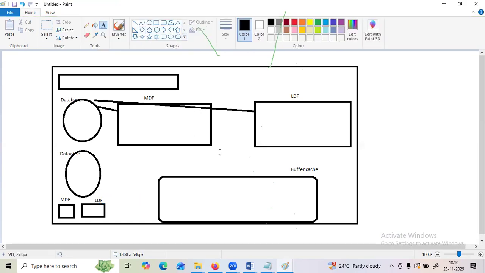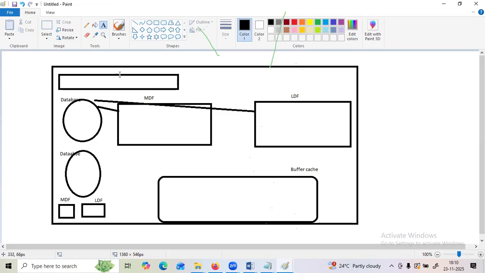But the buffer cache that we have is shared for our entire SQL Server. This buffer cache belongs to the entire VM. We can limit the buffer cache at the VM level through the SQL properties.